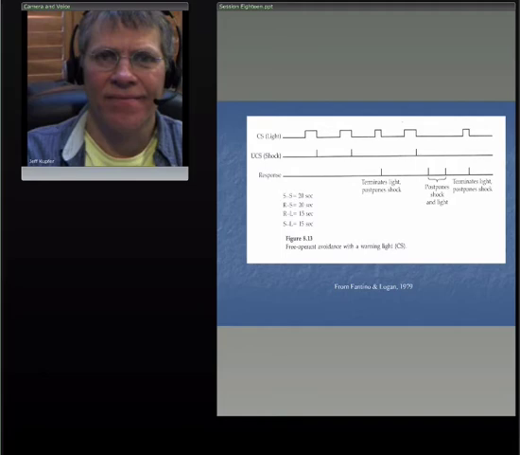But now that you become very successful in avoiding electric shock, you see right here, here's a situation in which the rat emits a response, no light, no shock. And here we see a situation where light is presented, respond, no shock.